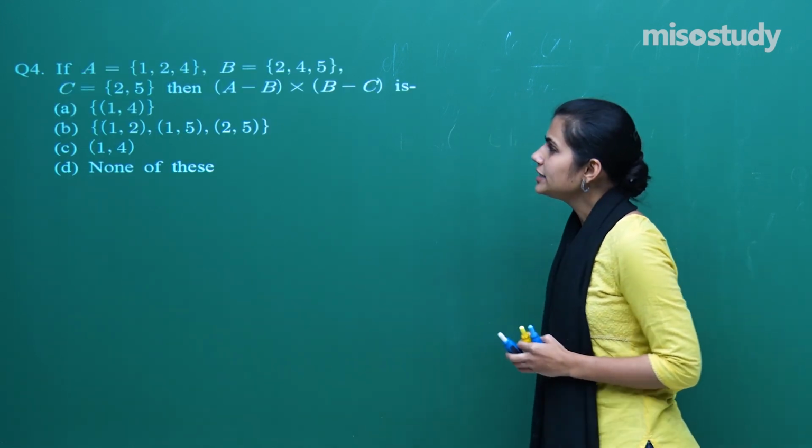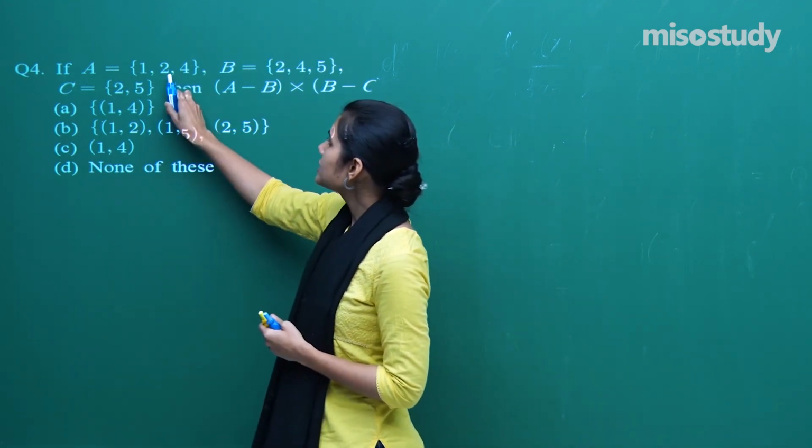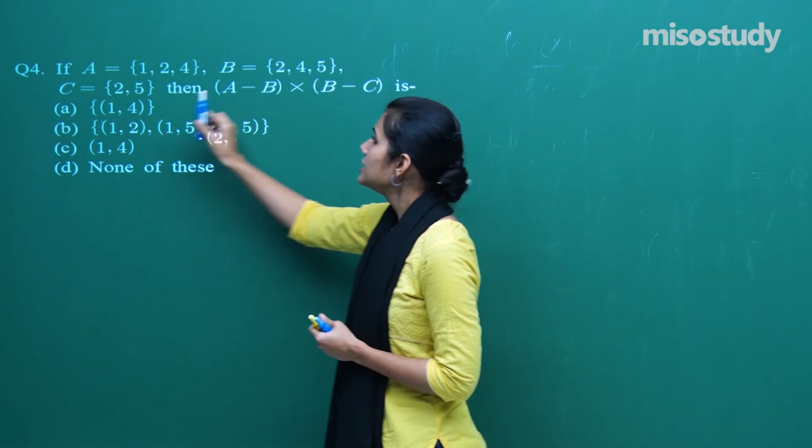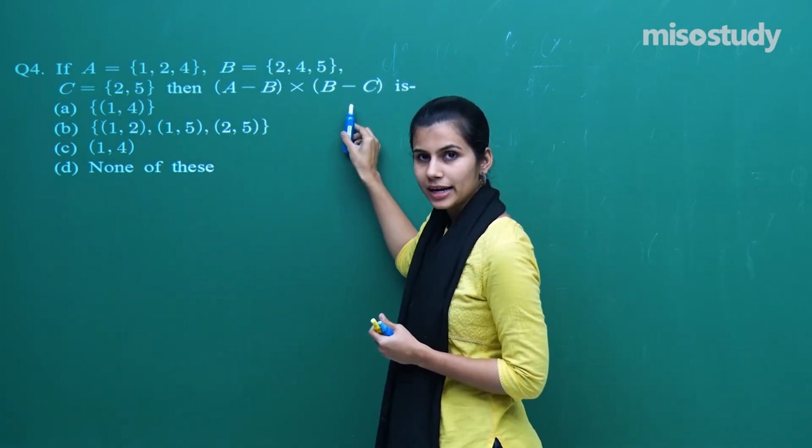The next question deals with again relations. It says that if A is this set, B is this set, C is this set, what do you think is (A minus B) cross (B minus C)?